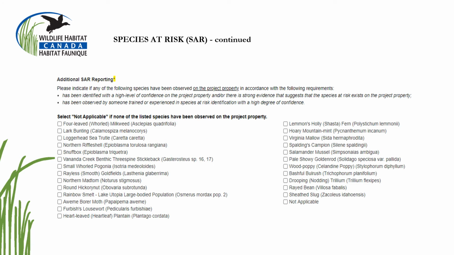Please check off the listed species that have been observed on the project land or lands, if any. If none of the species listed have been observed on the project land or lands, please check the box Not applicable.